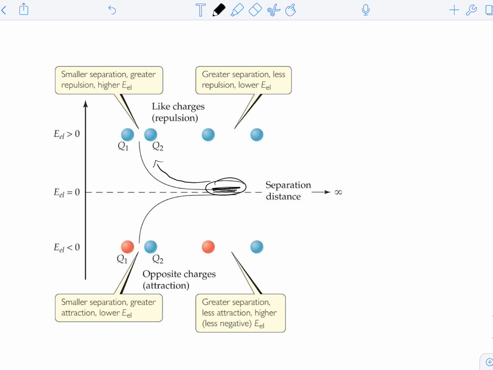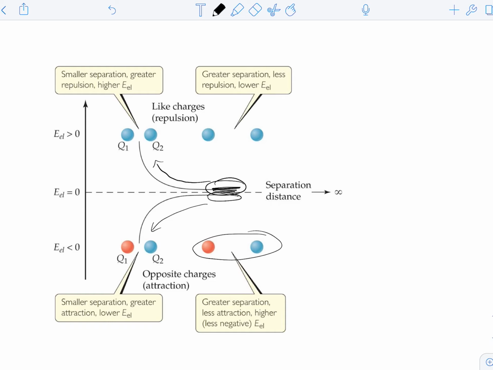We can have the opposite idea occur, right? We can have two opposite charges. Those opposite charges, again, when we are an infinite distance apart and they don't feel the attraction between them, they're going to be at that energy equal to zero. And then as we get them closer and closer together, because that is an attraction, an energy favorable thing, our energy will go down or become negative relative to that zero point.